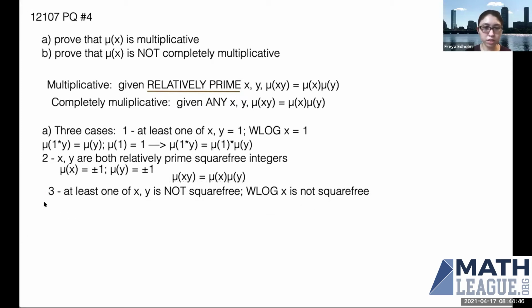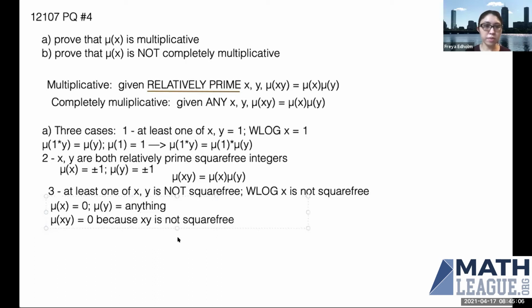But regardless, this means that mu of x equals 0 and mu of y equals anything. And then mu of xy is equal to 0 because xy is not square-free. And of course, 0 times anything is 0, so we again get mu of xy is equal to mu of x times mu of y.